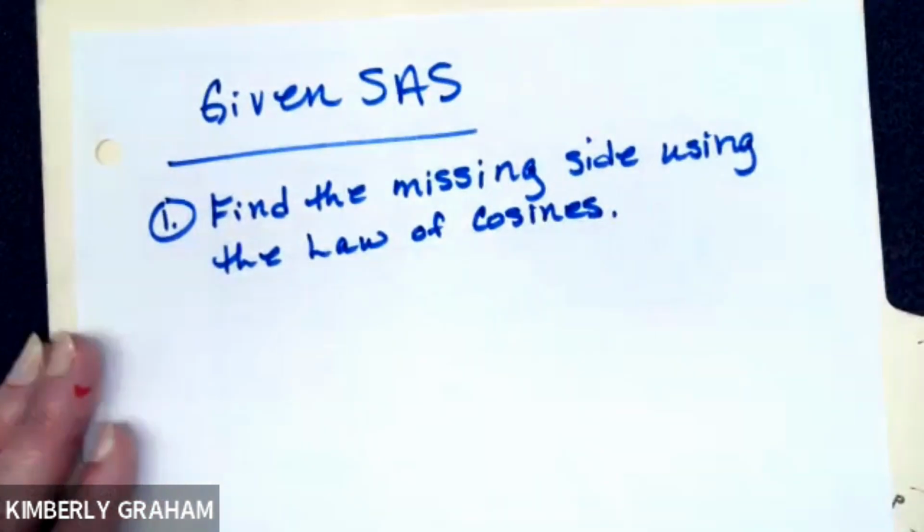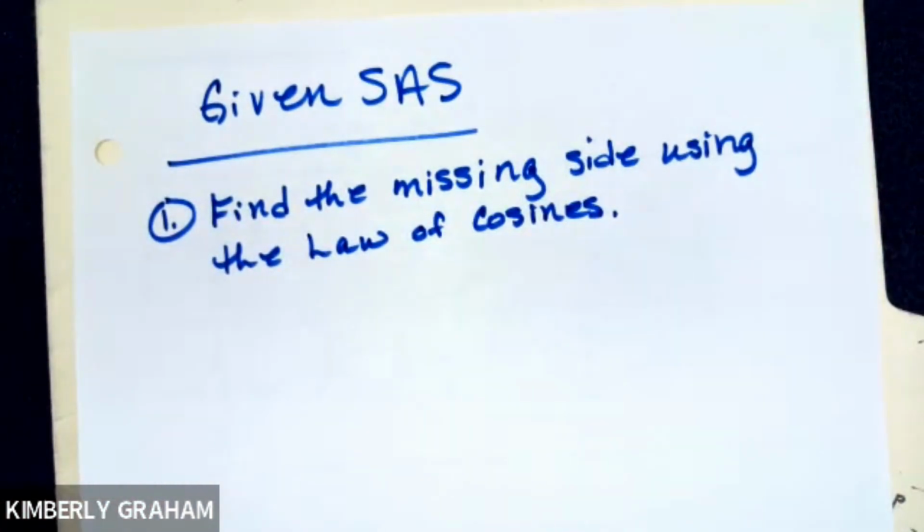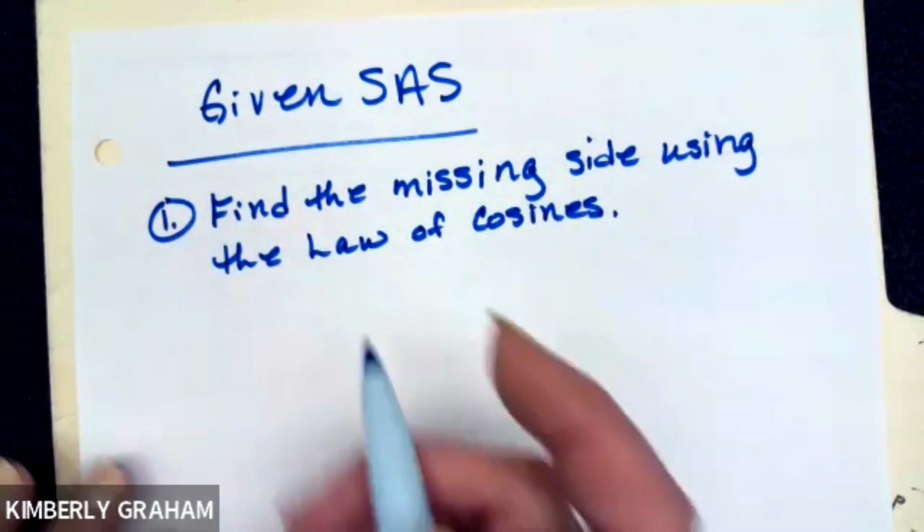Now, there's a lot of times I say it doesn't really matter how you do the problems or which one you find first. There's a reason why we're doing this, and I'll explain all of that in a minute. You're going to find the missing side using your law of cosines.